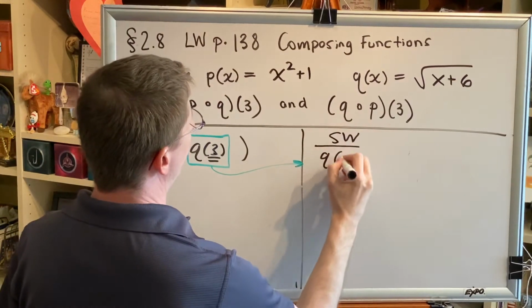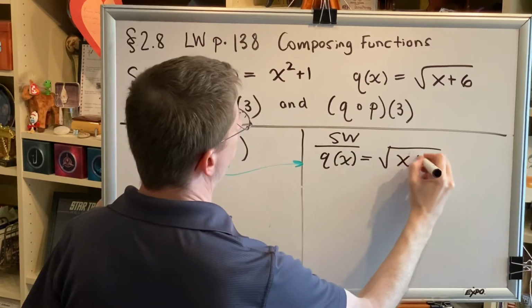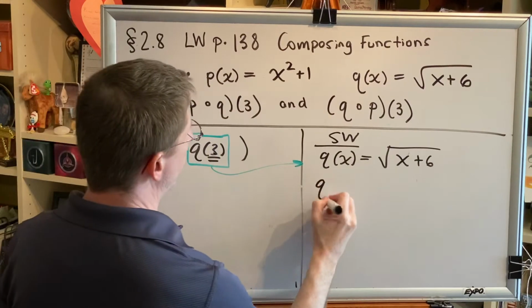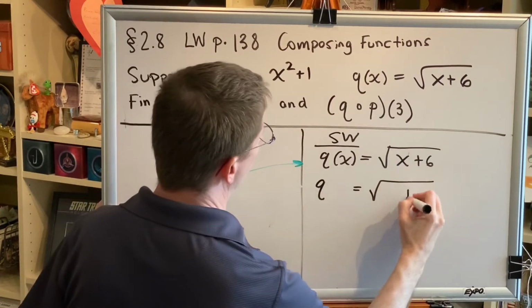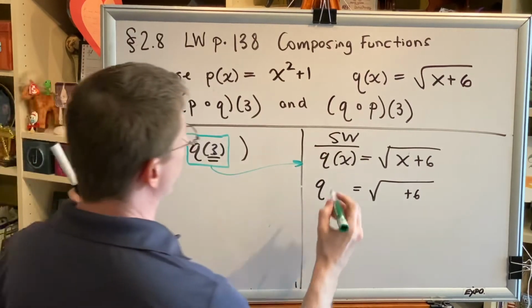We know that q of x for this problem is equal to the principal square root of the sum x plus 6. Replacing every x with a 3 tells me that q of 3 is equal to the principal square root of the sum 3 plus 6.